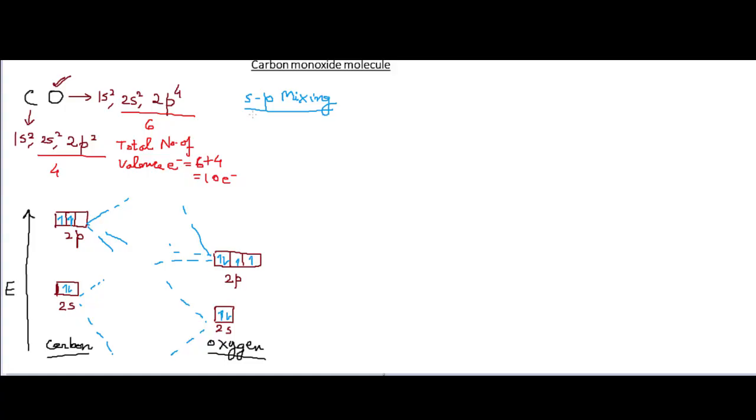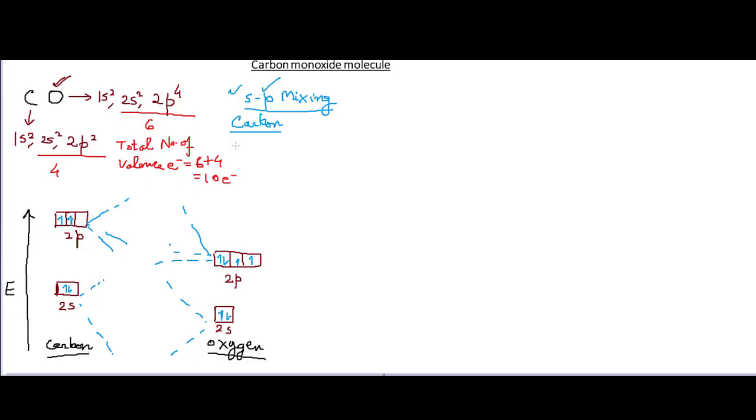Sp mixing is there, we had seen till nitrogen. Sp mixing is very much possible because the energy difference between the 2s and 2p orbitals is less. This we had discussed. So sp mixing is possible in case of carbon, also in case of oxygen, but to a lesser extent than carbon. So carbon sp mixing is there.